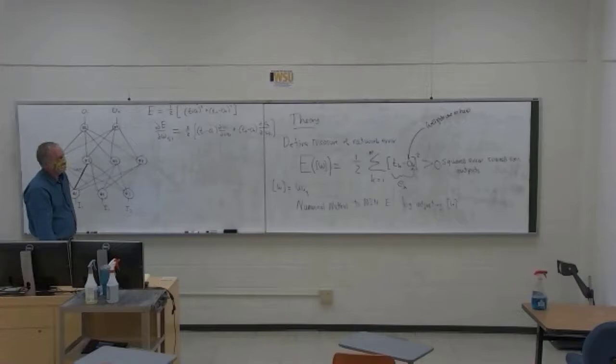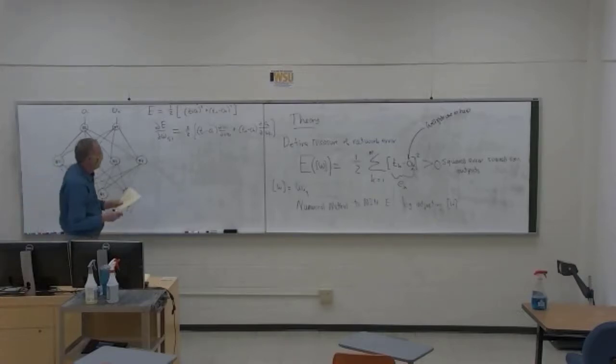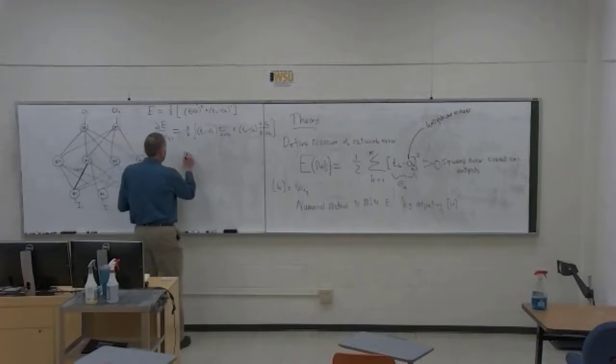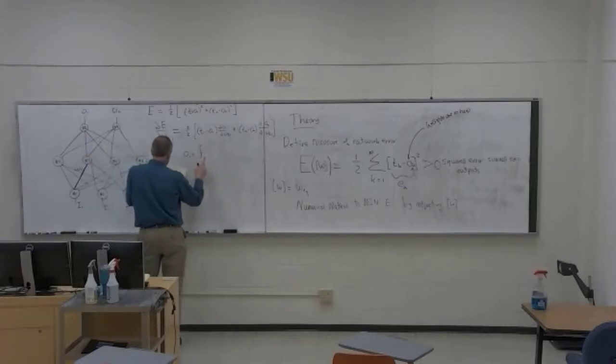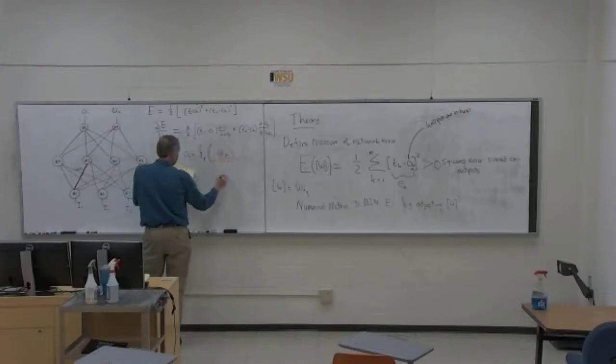Now I need the formula for O1 and O2. O1 comes out at 8. So it's the activation function of neuron 8, F8 of U8.